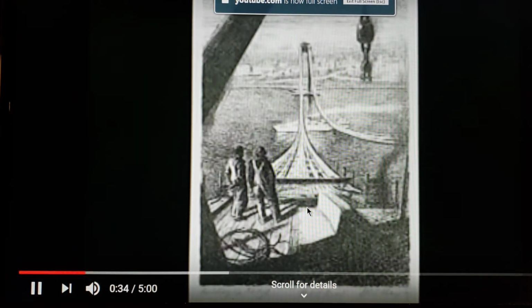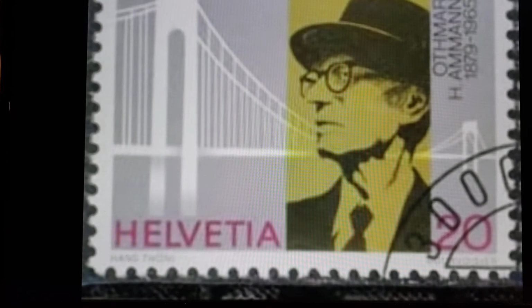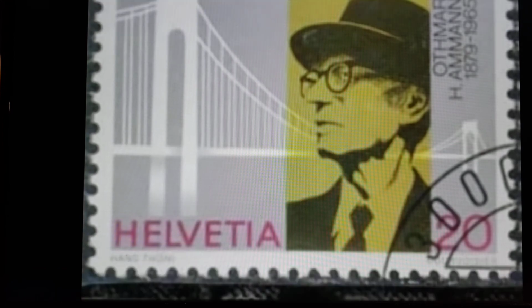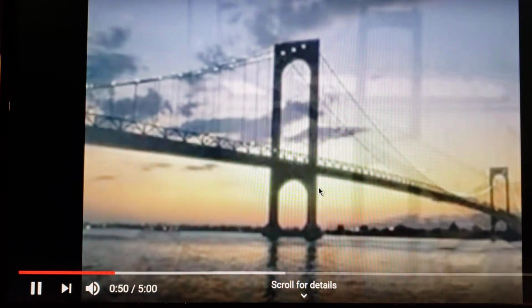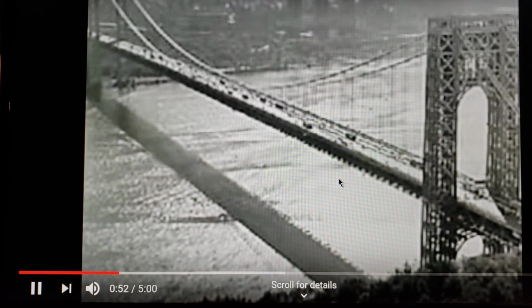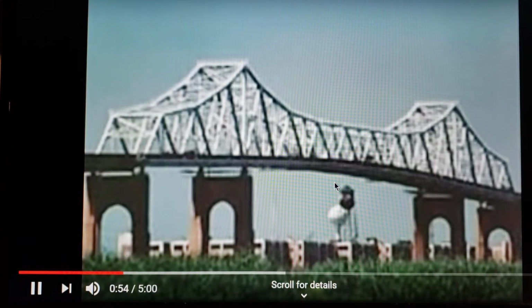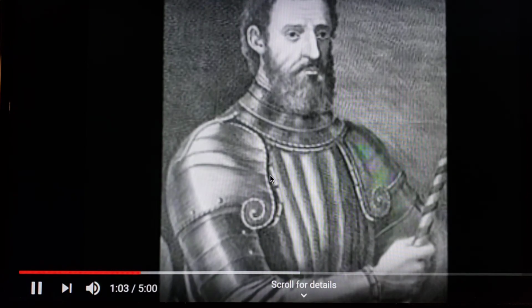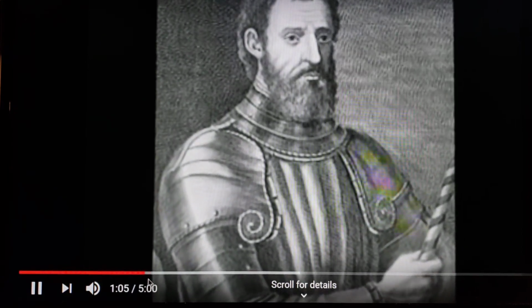Okay, the first bridge was a little wooden one, and a designer built one. And we can see that's the new one. I want to see when it actually starts to rock and roll. Let's move ahead here.